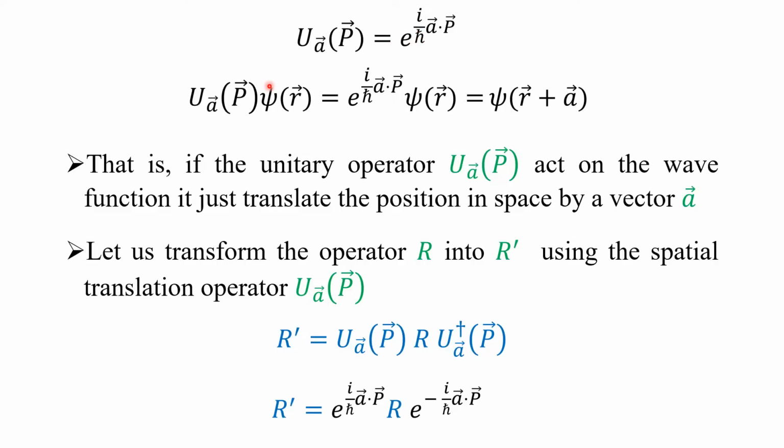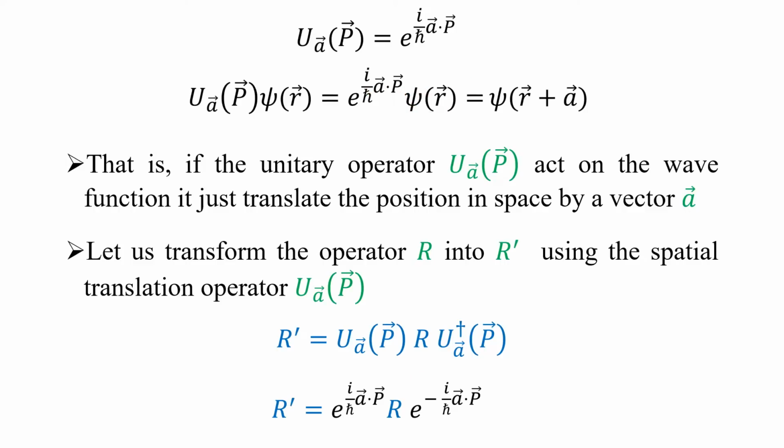When this unitary operator acts on the wave function psi, which is a function of r, that is, the coordinates x, y, z, we get e to the power i over h cross a dot p on psi of r.